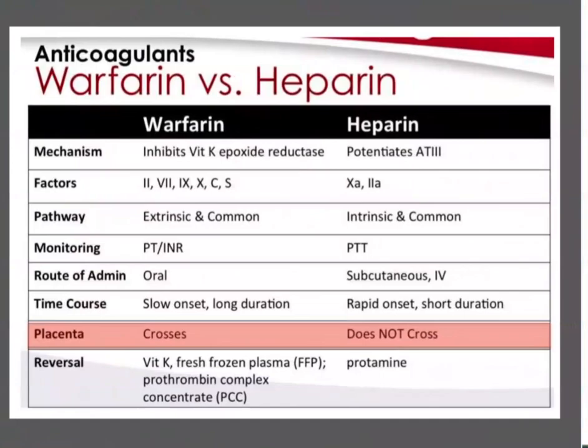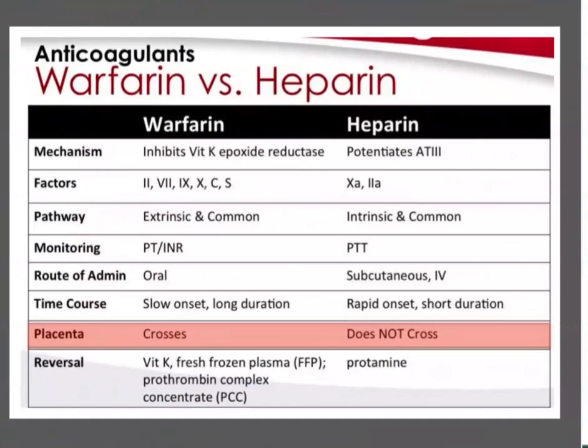Okay, now the other parameter you should monitor is the prothrombin time in the patient on warfarin, and the other parameter you should measure when the patient is on heparin is the activated partial thromboplastin time. Okay, so the route of administration for heparin is intravenous, and the route of administration for warfarin is taken orally.